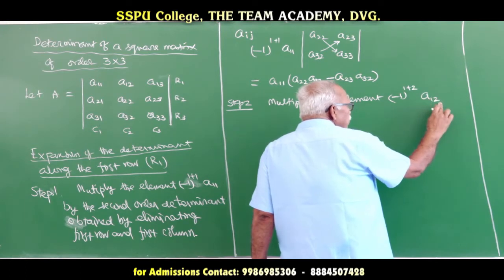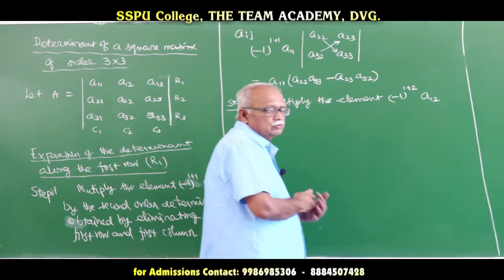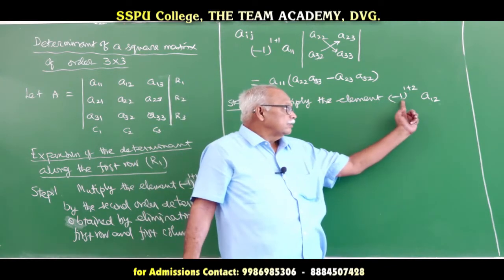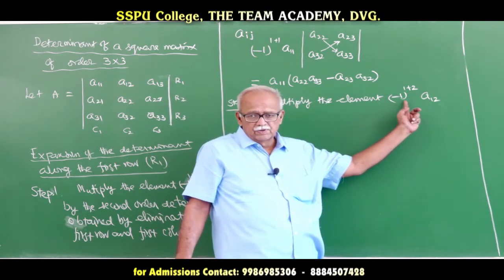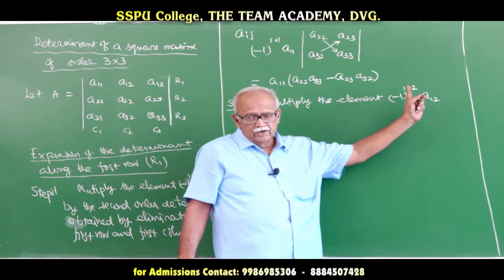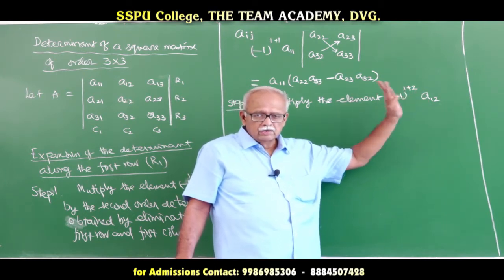So, the suffix sum is 1 plus 2, so we have to take (-1) to the power 1 plus 2. Here we are going to get a minus sign. The first gave a plus sign, and now we get a minus sign, because (-1) to an even power is positive, (-1) to an odd power is negative.